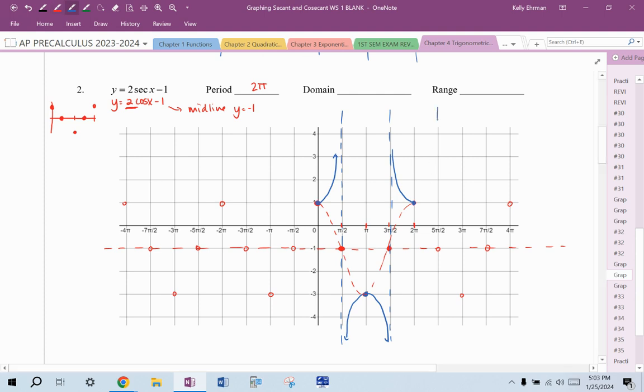All right, so let's put in the asymptotes anywhere that the cosine graph would have points at the midline. So I'm putting all of these in. And sketching in the branches. So I'm just going to start on the left here and sketch in branches.